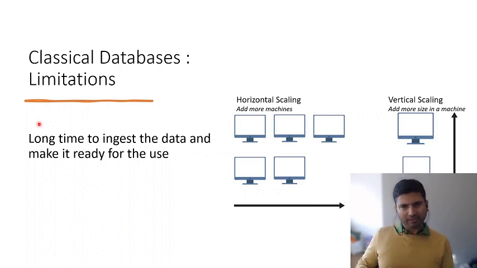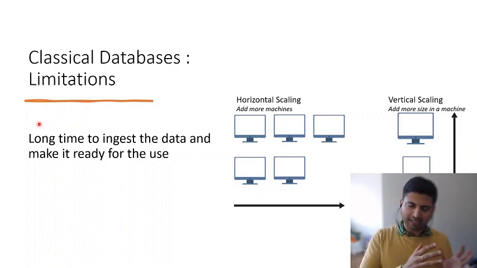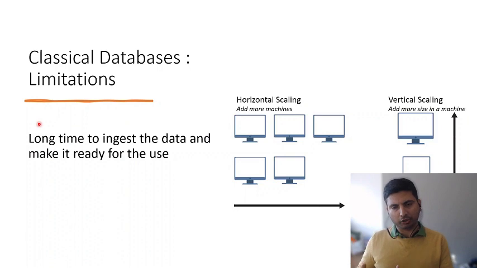In vertical scaling, you're adding additional memory. It's like adding memory in your laptop as and when you need it, and reducing it back when you don't. So it's either an additional machine on one side, or additional memory in the same machine on the other. And all that dynamic interchange is not that easy in classical databases, which most of the time were on premise.